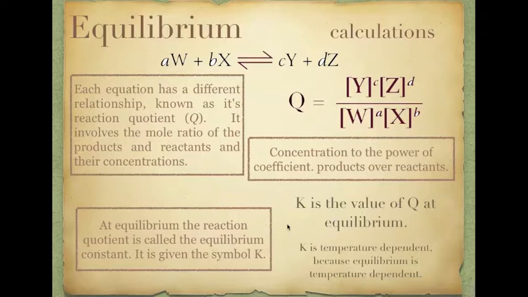When you have a system at equilibrium, Q is K. We'll get more into that later when we're doing actual calculations. Another important thing to say is K is temperature dependent, so K normally needs a temperature assigned to it. That's because equilibrium is temperature dependent as well. If you change the temperature, you change the concentrations at equilibrium, and more on that later on.